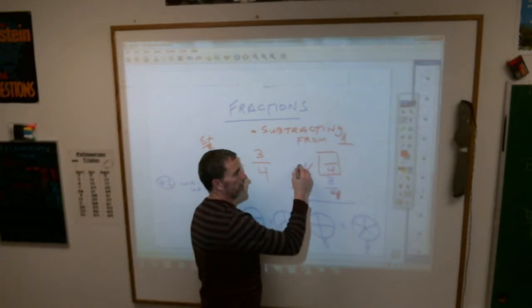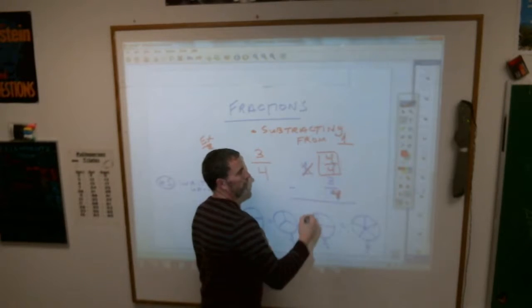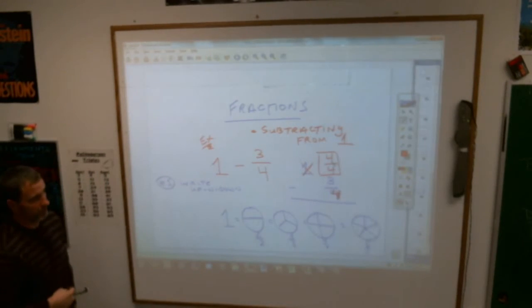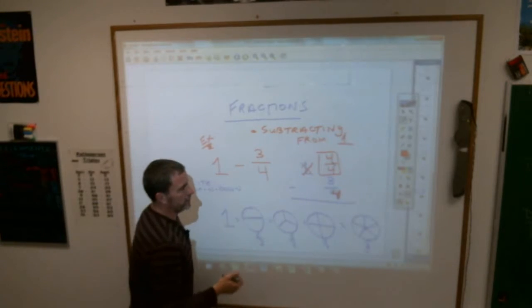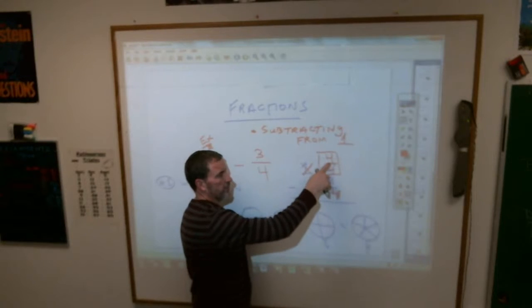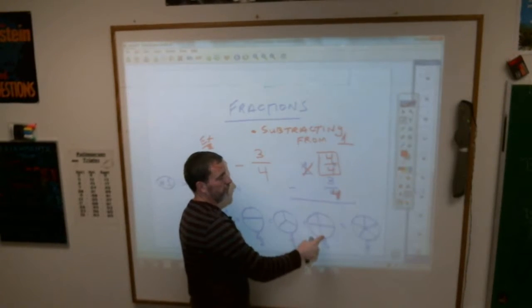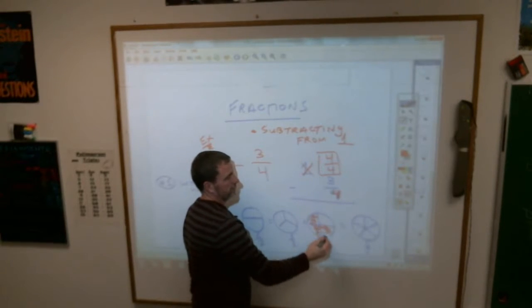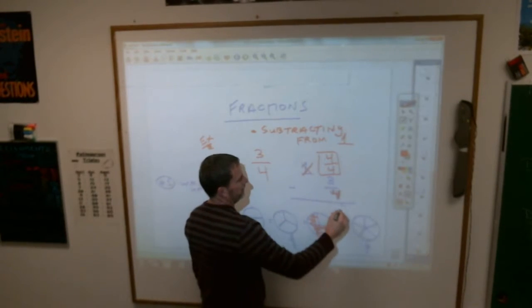I am changing 1 into 4/4. And then, because those fractions have the same bottom number, it's a pretty easy problem. What is the answer when I take 3/4 away from 4/4? I have 4/4, I take 3 of them away. What is my answer there, John? 1/4.